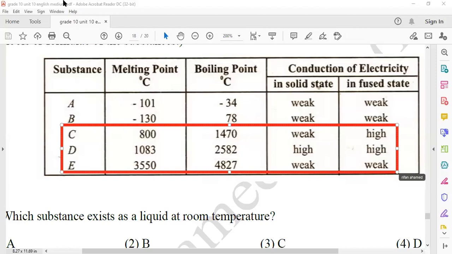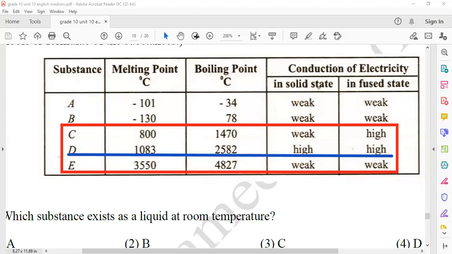You understood my question? You are selecting D. In D, electric conduction is high in the solid state, and it is also high in the fused state.